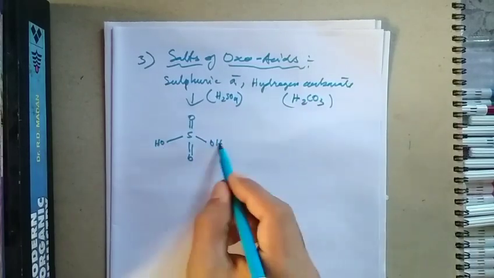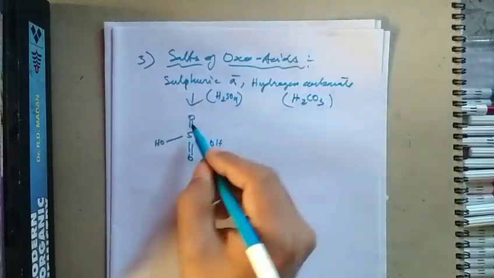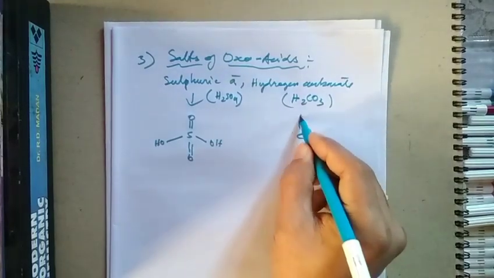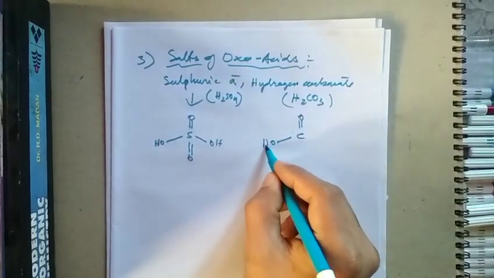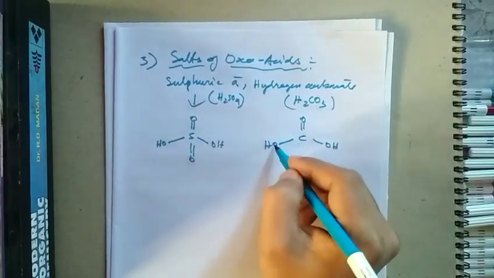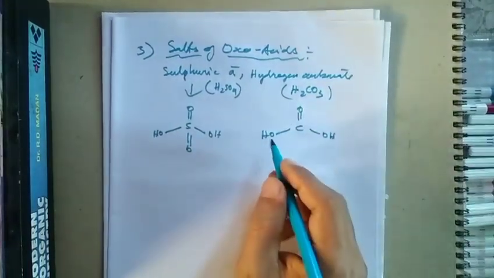So H2SO4 has 1, 2, 3, 4 oxygens. For hydrogen carbonate, CO(OH), it has CO3, 1, 2, 3, and H2.